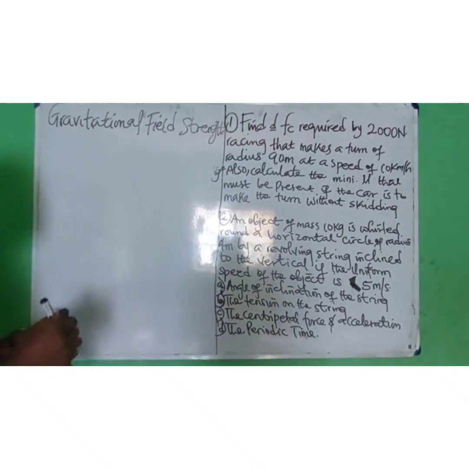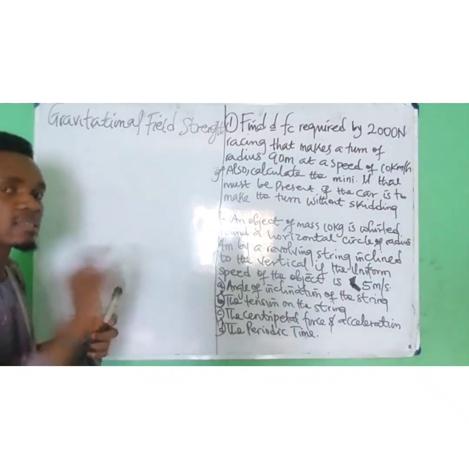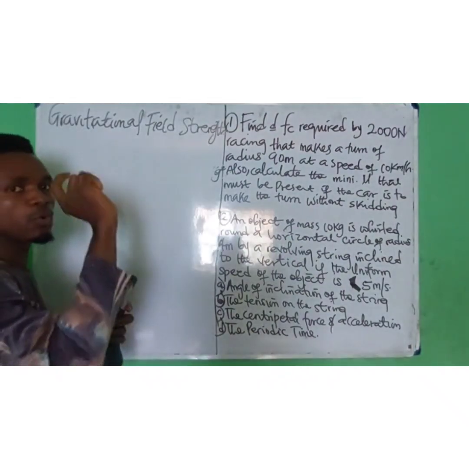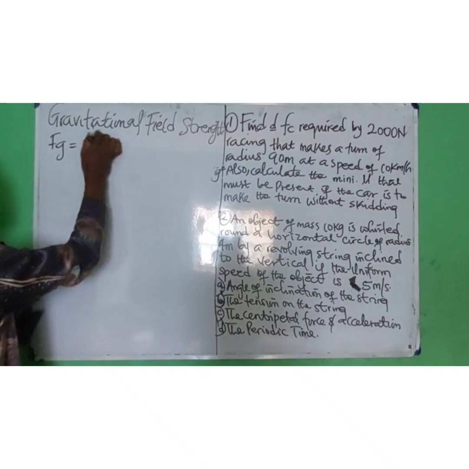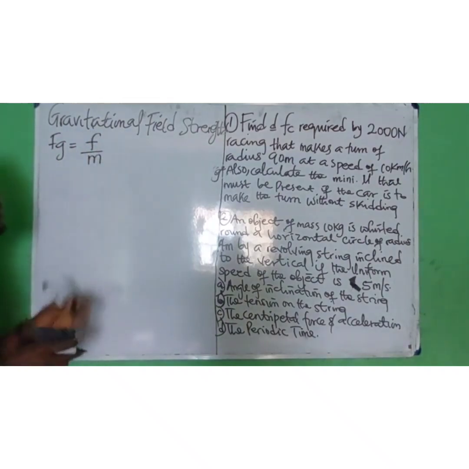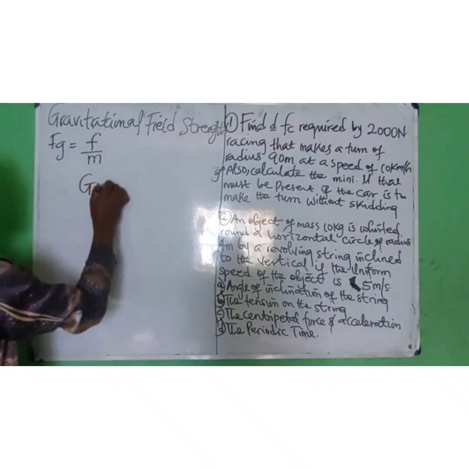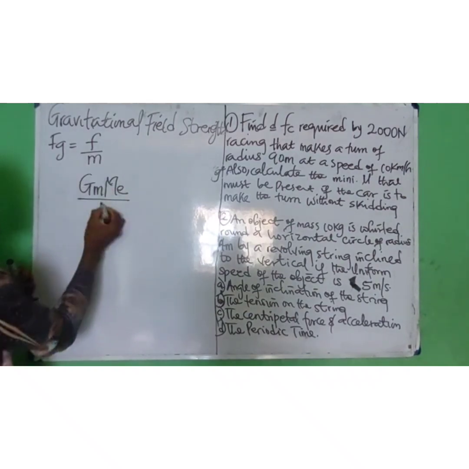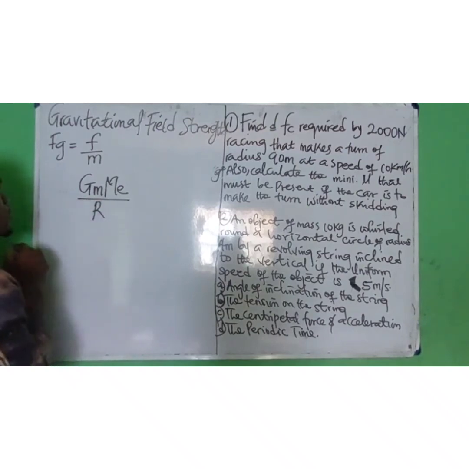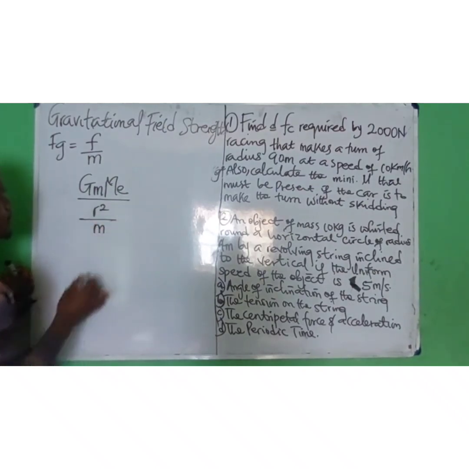Now, gravitational field intensity is expressed as the ratio of force to mass. If this is expressed as the ratio of force to mass, what does that tell you? I gave you that G M E over R squared, over M, right?